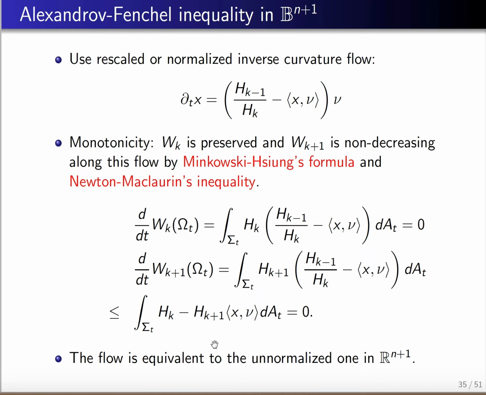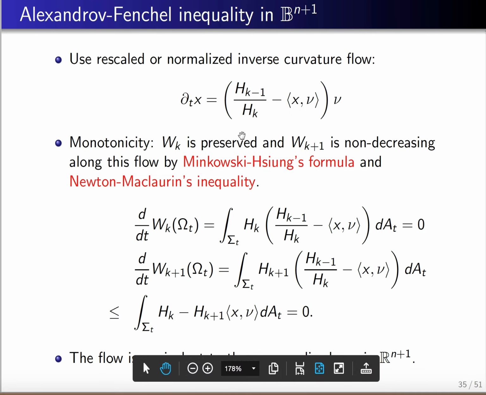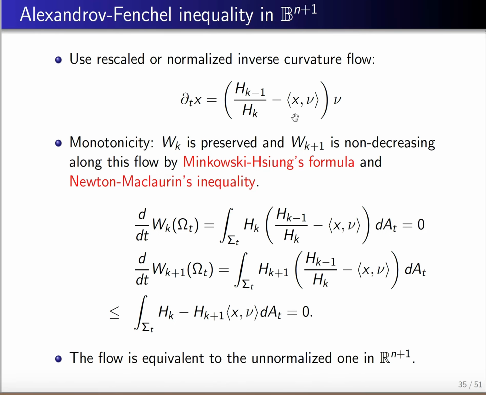And if you use a rescaled or normalized inverse curvature flow, that is, you modify the curvature speed by a minus support function, then you see Wk is preserved and W(k+1) is non-decreasing. In fact, if you check the first variation for Wk, you will get the mean curvature hk times this speed, and by Minkowski-Hsiung's formula, this vanishes.